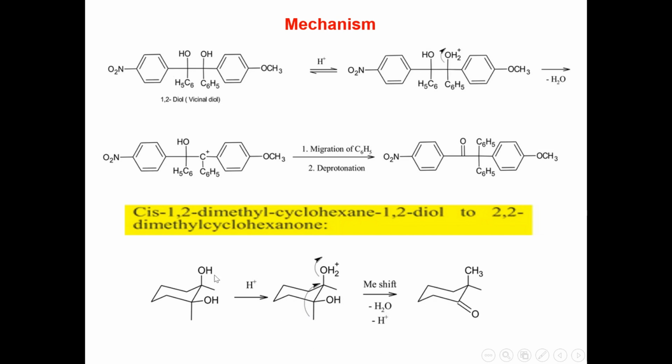The OH group, that is the leaving group, and the migrating group should be opposite to each other for the reaction to occur. The one which is opposite to the leaving group will shift. This is another requirement for pinacol-pinacolone rearrangement.